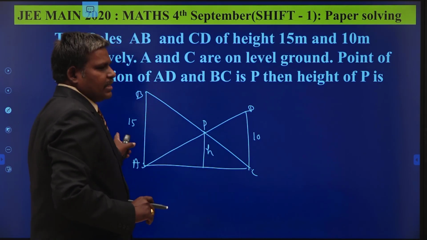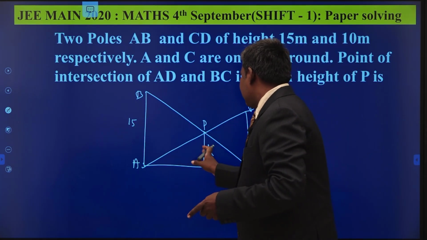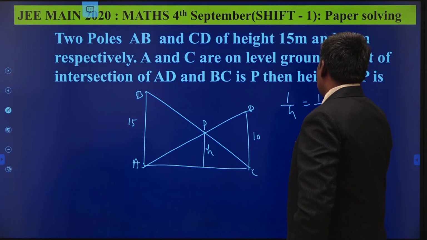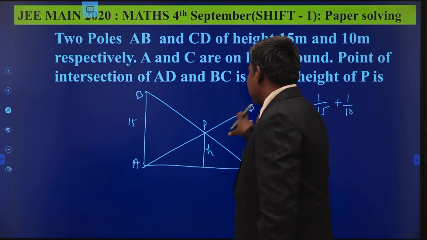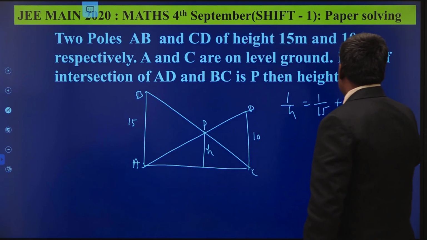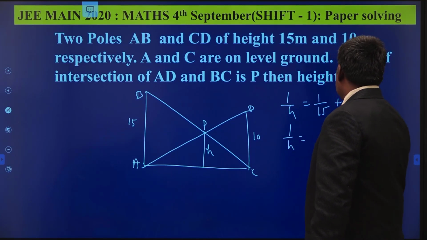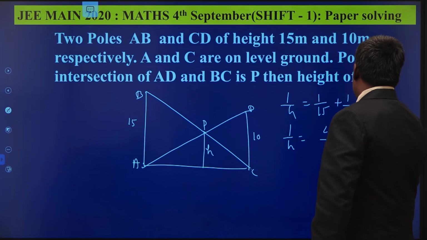Clearly, this is actually a 10th class problem. We know that the relation between these three is 1 by H equals 1 by 15 plus 1 by 10. You can apply the similar triangle property for this triangle. So 1 by H equals, with 30 as LCM, 2 plus 3, 5 by 30, that is 1 by 6.